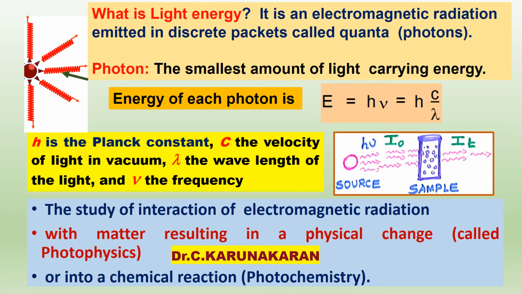Therefore, what is light? What is light energy? This is the light source. The light radiations are emitted in all the directions. The light radiations are electromagnetic radiations emitted in discrete packets, called quanta.